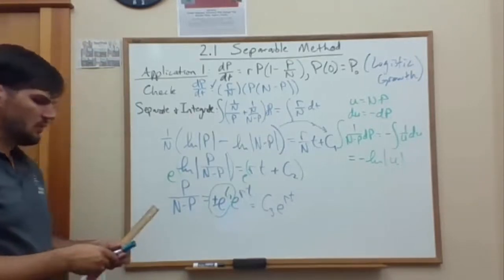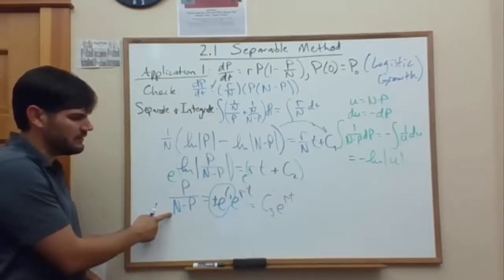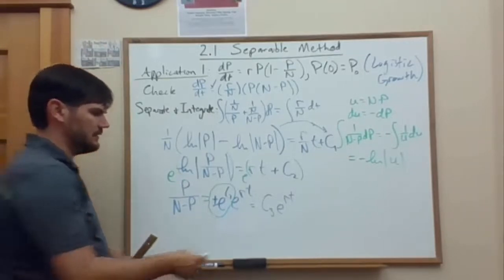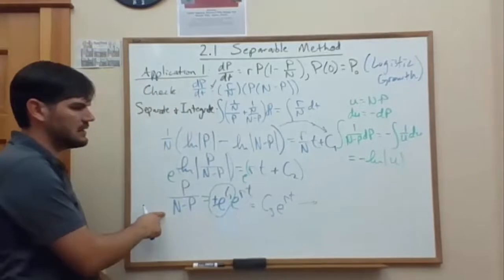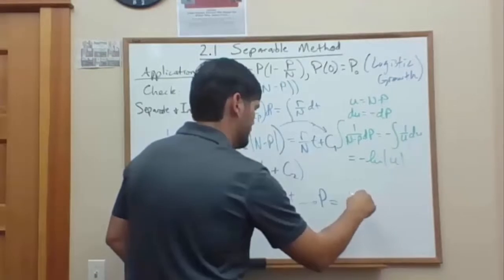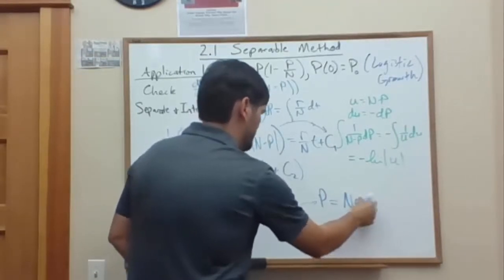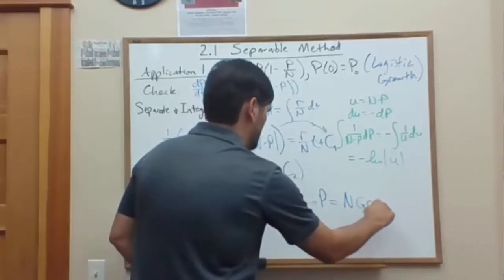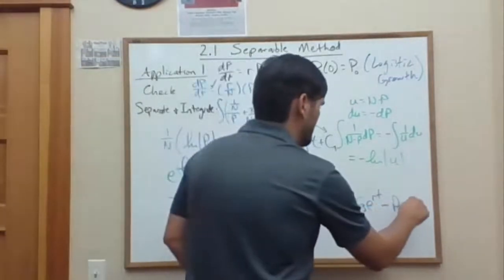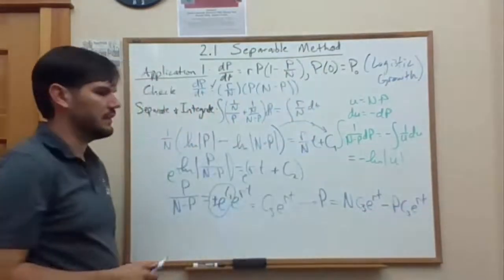To do so, we need to multiply both sides by the denominator on this left-hand side, and then move the P's together. So if I multiply both sides by N minus P, I get N times c3 e to the rt minus P times c3 e to the rt.